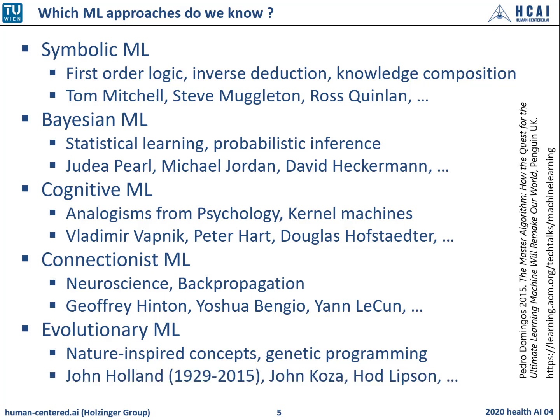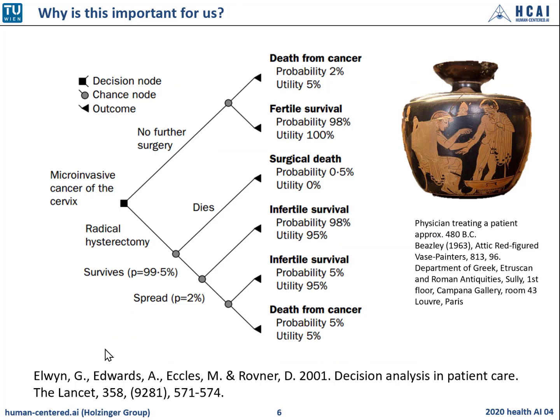So the evolutionists, for example, John Holland, is based on structured discovery, so evolutionary approaches. Okay, this is quite good to know, this brief overview on these machine learning approaches. Okay, next question to you. Why do you think is this important for us?